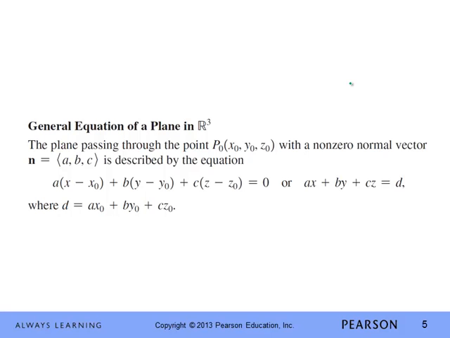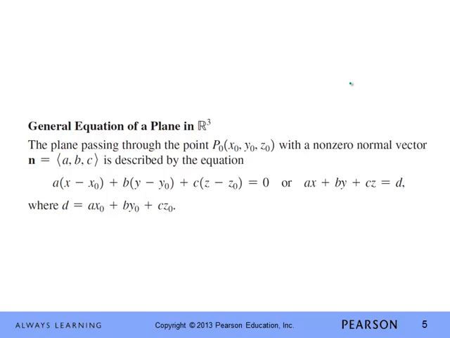Remember, our normal vector was A, B, C, and the vector that went from P sub 0 to P had components x minus x sub 0, y minus y sub 0, z minus z sub 0. So when you take the dot product, you have this expression right here. See, the dot product is set equal to 0.